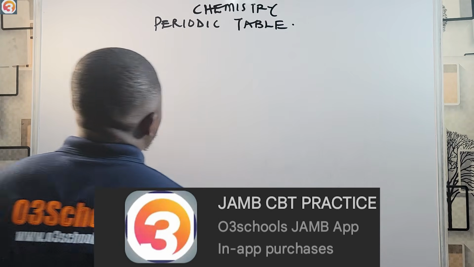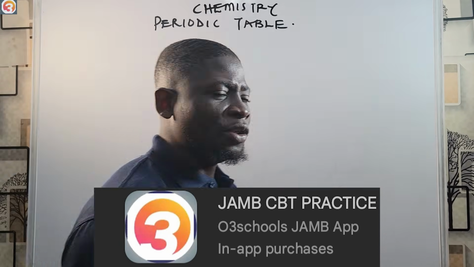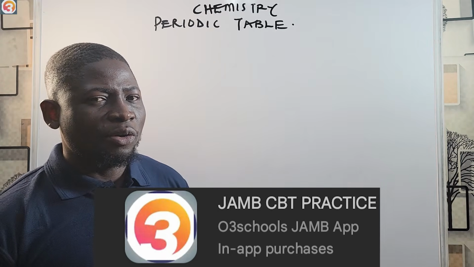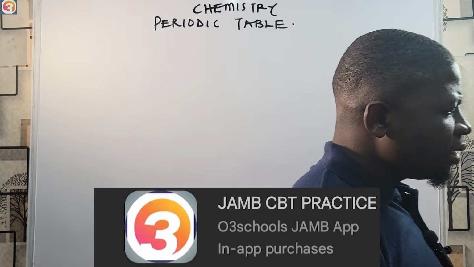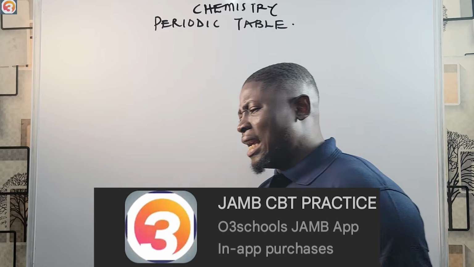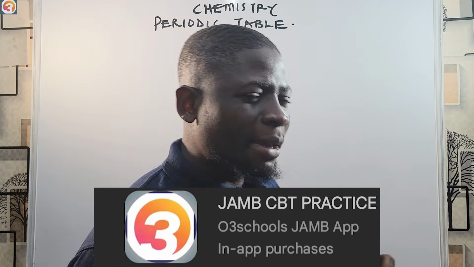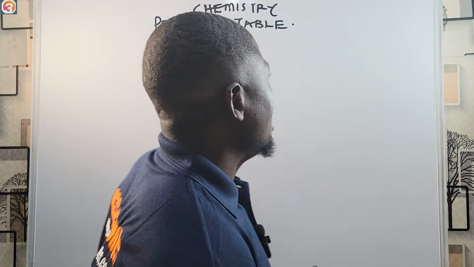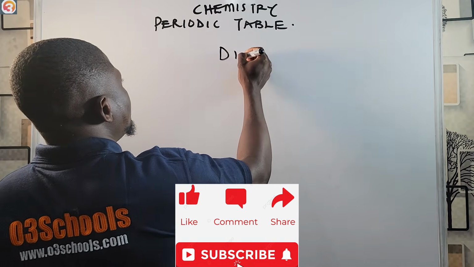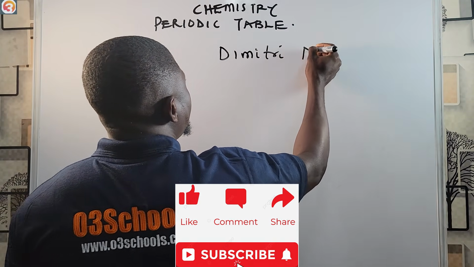All right, so let's head back to what brought us here today, which is the periodic table. Now, the periodic table of chemical elements was first designed by a man called Dmitry Mendeleev.